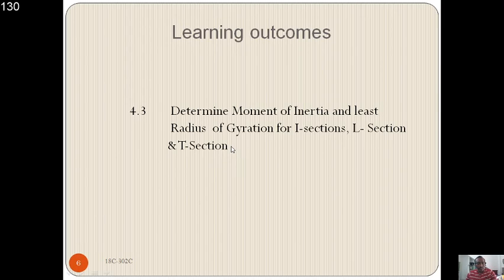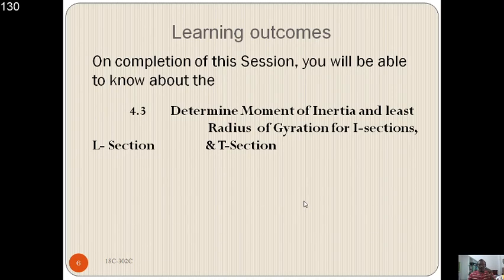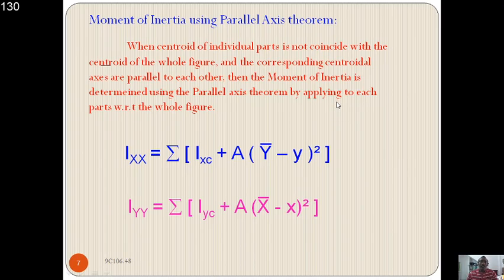So we already understood what the parallel axis theorem is.